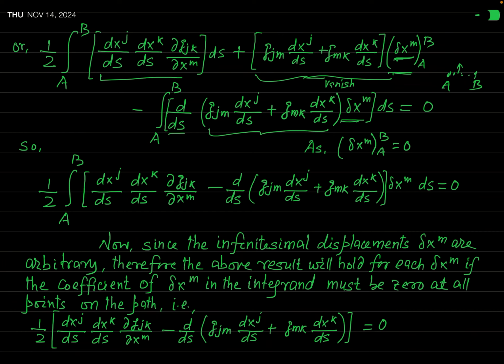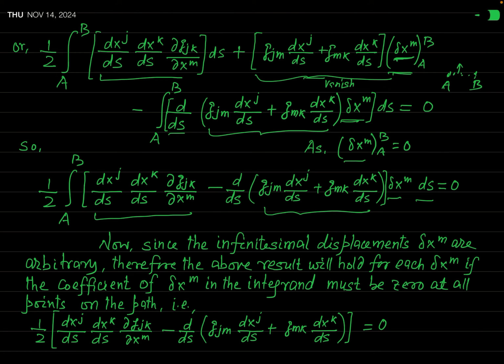But as I have told you, this delta x_m over the limits a and b is 0, so this first term vanishes, and therefore the above equation will be 1/2 of the first term, and the second term will be minus d/ds operated on this function times delta x_m ds.